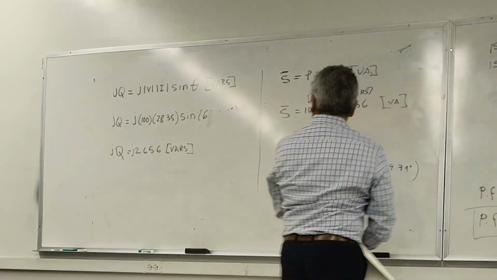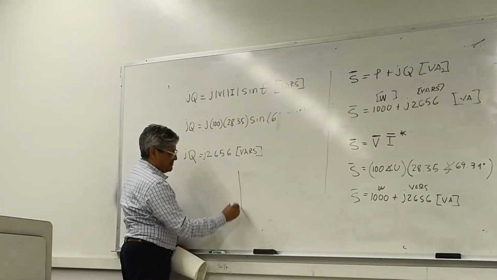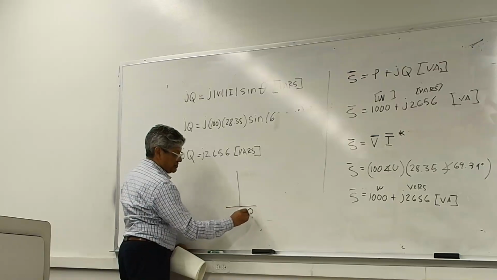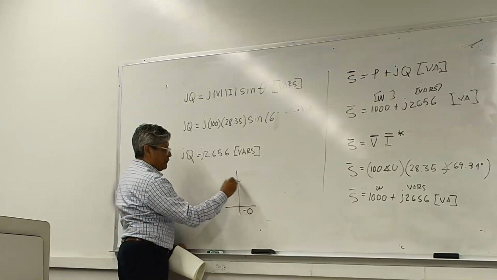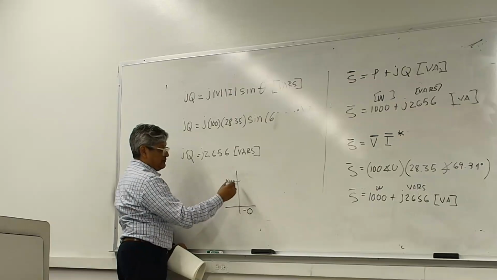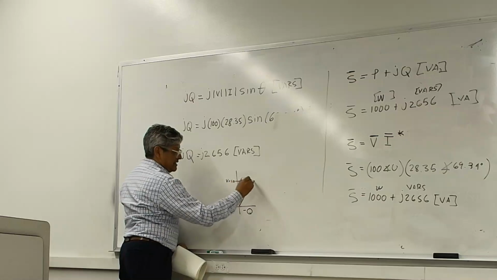Okay, like this. I'm going to go again. I'm going to say this is the capacitor. This is Q minus, just a capacitor. Here's voltage. This is 1 per unit voltage, or rated voltage. It's like this.